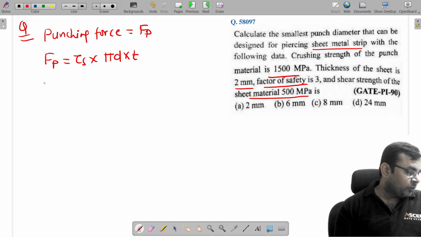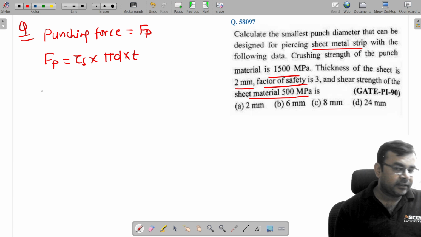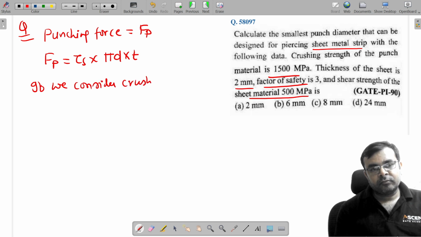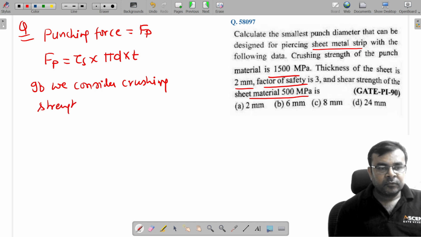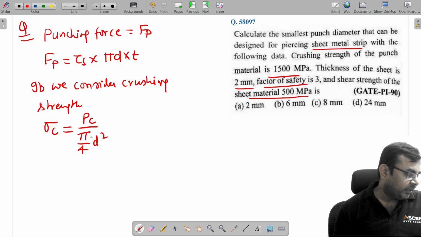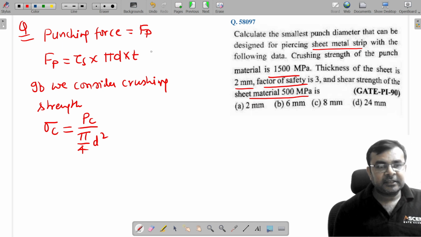So if I consider crushing strength, can I say the crushing stress induced is nothing but the crushing load over crushing area, that is pi by 4 d square. Yes or no? So let's see, this is equation 1 and this is equation 2.